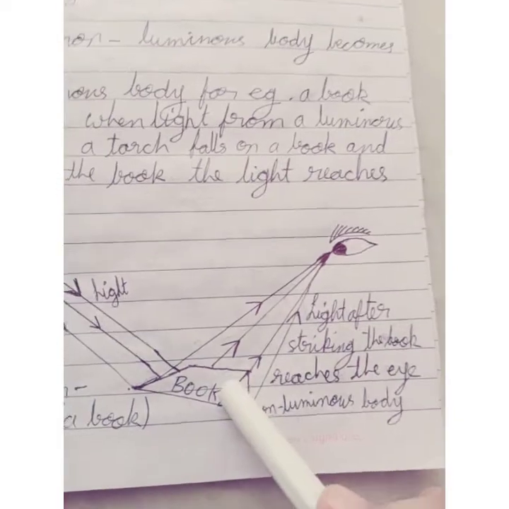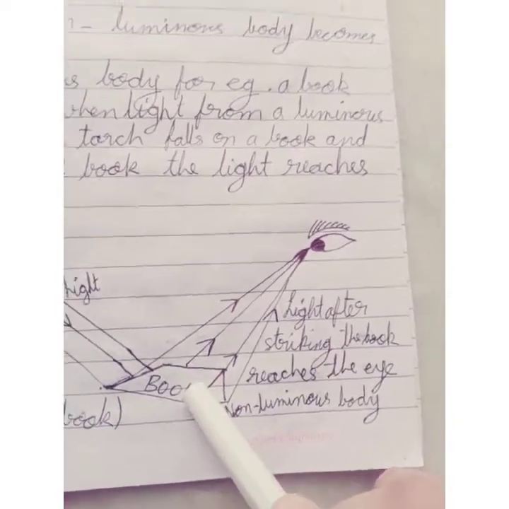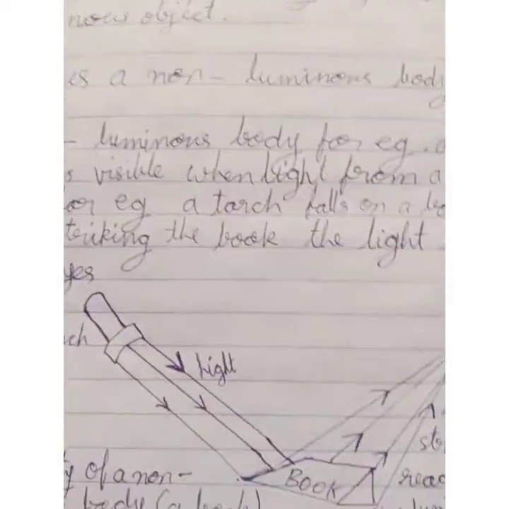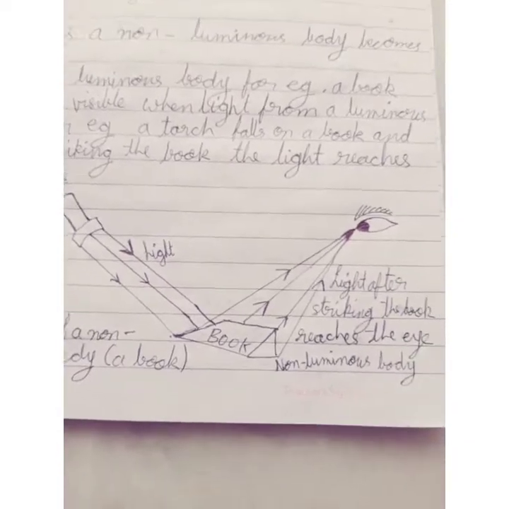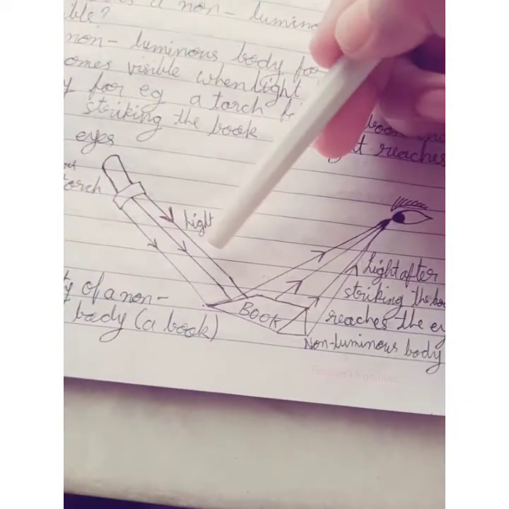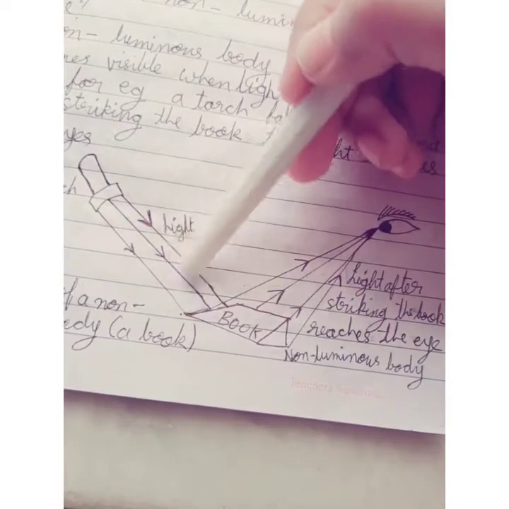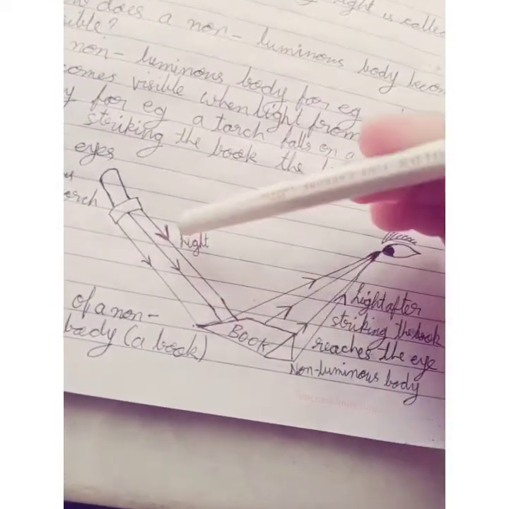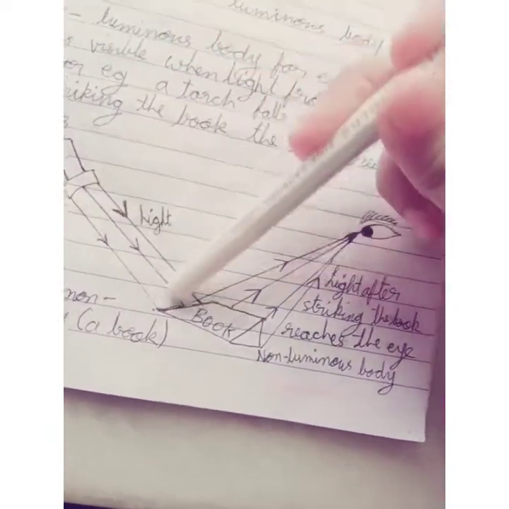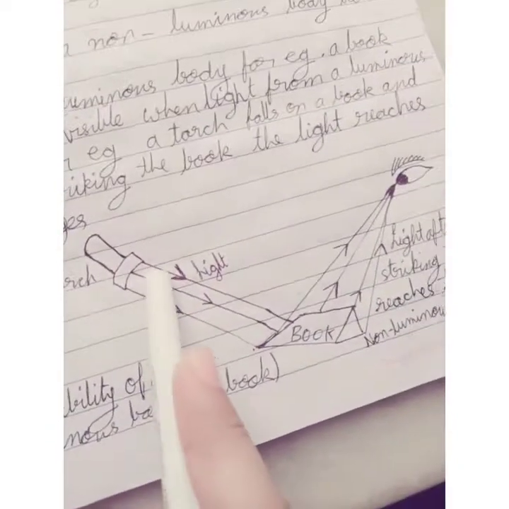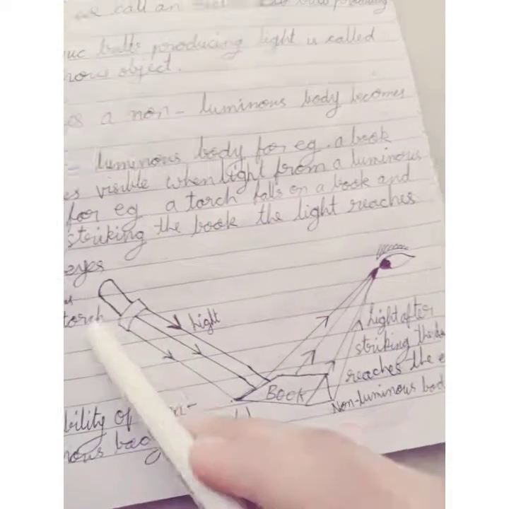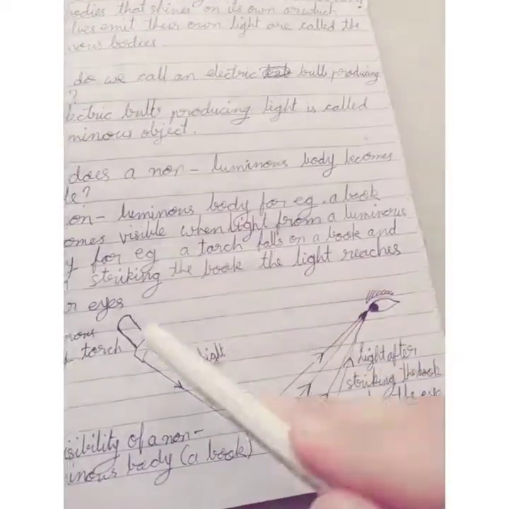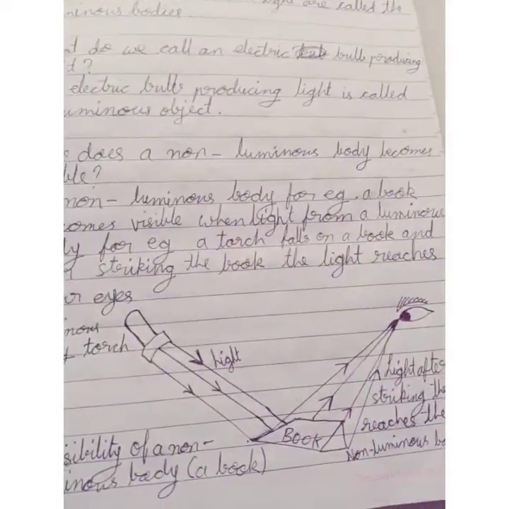That means the light is reflecting from the book to the eye. And the second note is about the lines you are drawing. You need to draw with a scale because light always travels straight. Now, straight doesn't mean that it has to be only like this. It can go diagonally also. But the diagonal one also has to be straight.